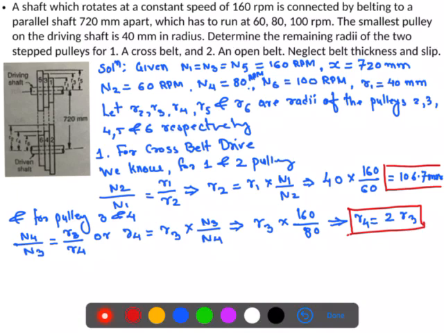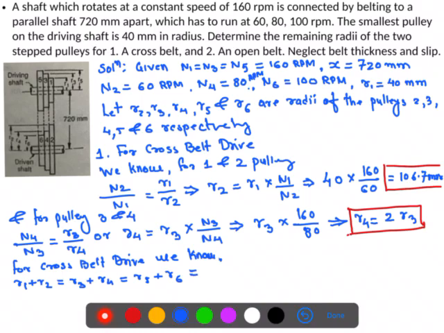But for cross belt drive, we know R1 plus R2 is equal to R3 plus R4 is equal to R5 plus R6, and this is equal to R1 and R2 we have found out, that is 40 plus 106.7 is equal to 146.7 millimeter.